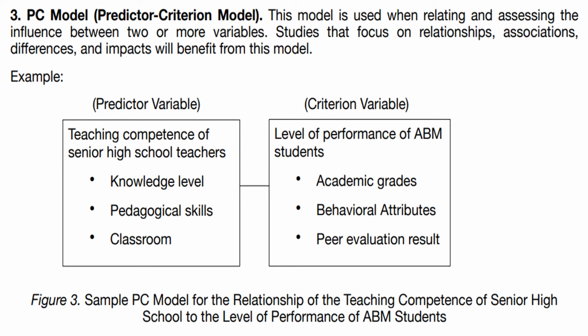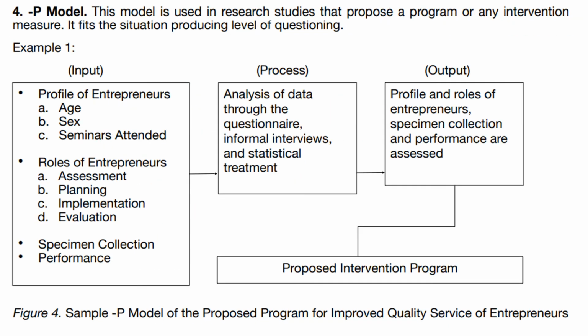Take time to read. That's it. The predictor-criterion model, and this is a model also if you are proposing a program. The sample model of a proposed program for improved quality service of entrepreneurs.